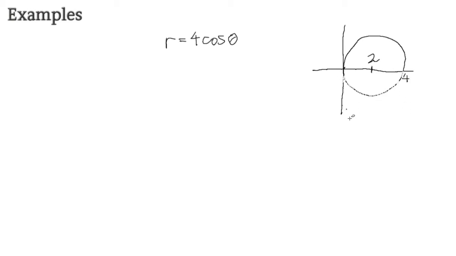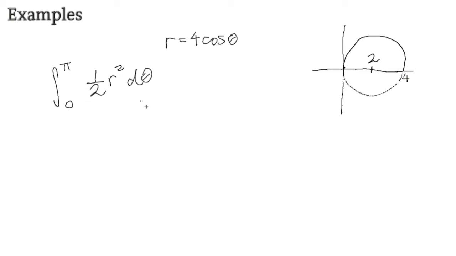Now with that, we can tell that we have gone through pi on 2, then go to negative, we have the other pi on 2, so we have an entirety of pi. So in order to find the enclosed area, we would have the limits of 0 to pi, of half r squared d theta.